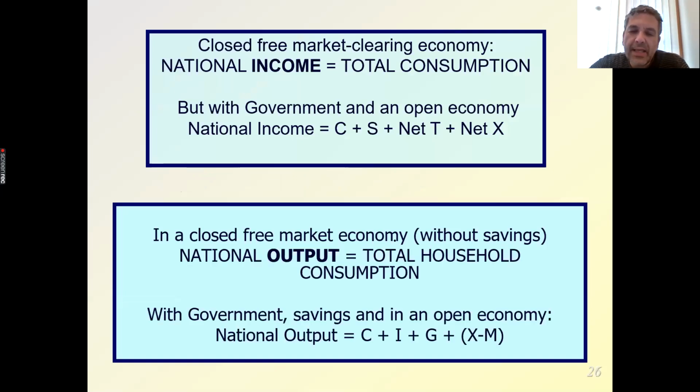I'm just being redundant here just to wrap up the concept of national income. National income means also national consumption. Everything that is being produced, or let's say everything that is being received in terms of income, is going to be used for consumption purposes, okay?